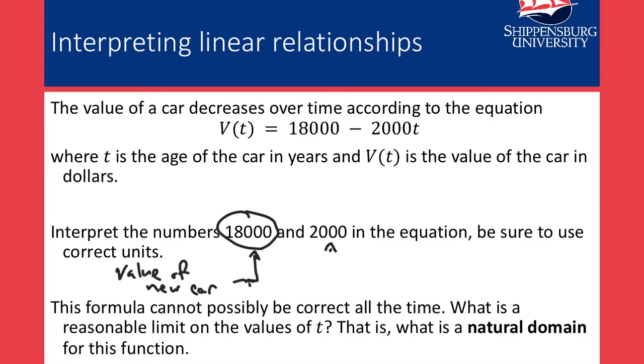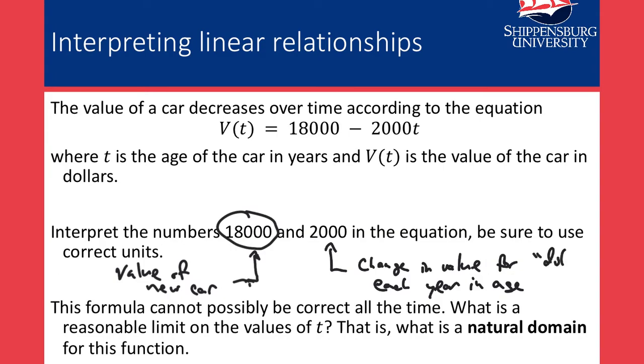The 2,000 is the rate of change. So it's the change in value for each year in age. So we interpret that 2,000 as $2,000 per year.